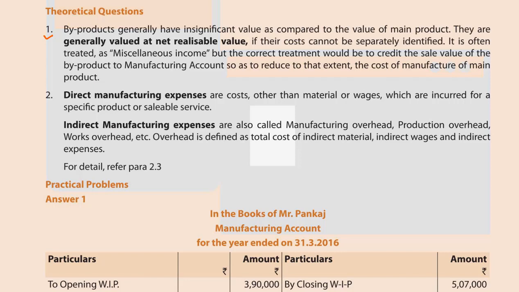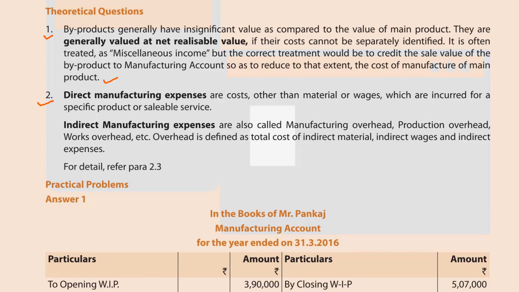They are generally valued at net realizable value. If their cost cannot be separately identified, it is often treated as miscellaneous income, but the correct treatment would be to credit the sale value of the byproduct to manufacturing account so as to reduce to that extent the cost of manufacture of the main product.